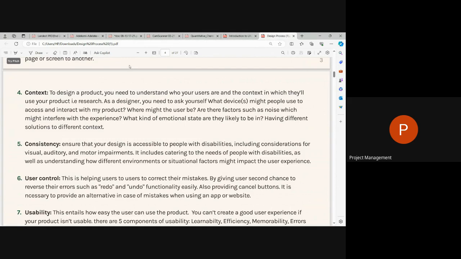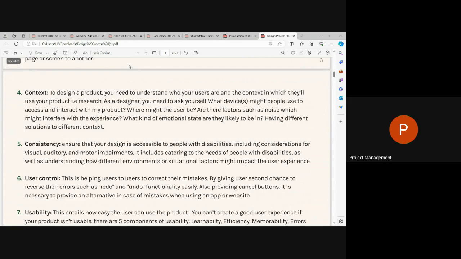So as a designer, you have to ask yourself, okay, what device might my user use to access the product? Are they going to use a laptop? Are they going to use a phone? Are they going to use a desktop? So that you'll be able to design something that is responsive, easy to use on a laptop and also easy to use on a mobile phone.